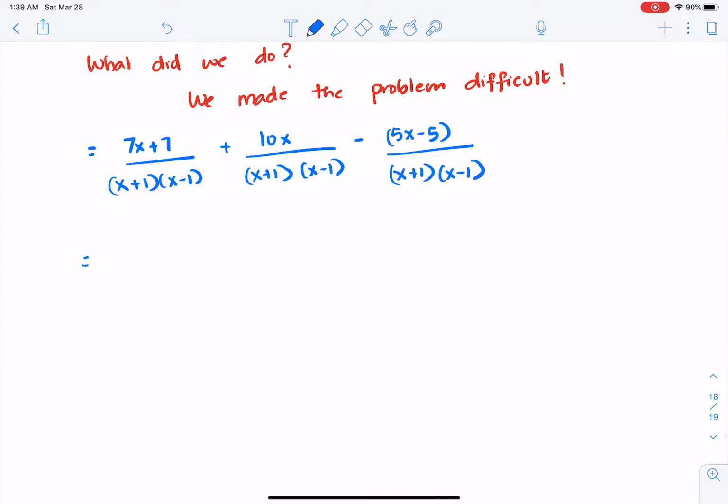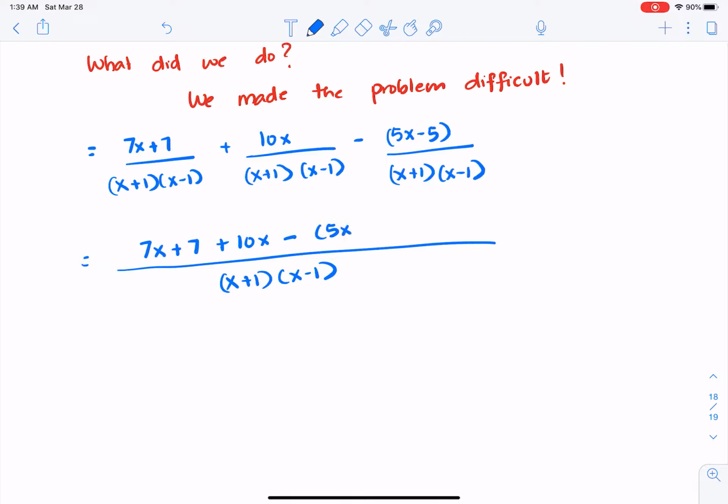So since we have a common denominator, we simply put that down here and combine the numerators. So we have 7x plus 7 plus 10x minus 5x minus 5. That would give us 7x plus 7 plus 10x. Distribute the negative.